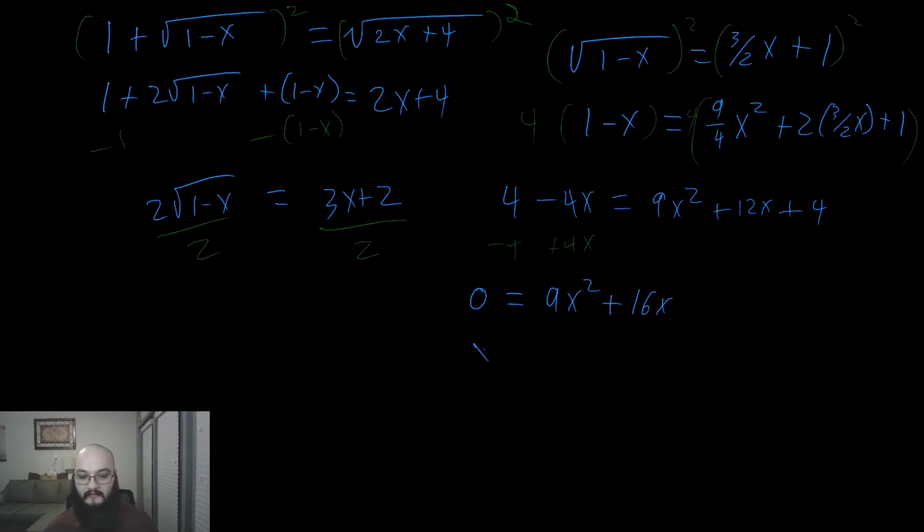We'll just have x is what we can factor out. 9x plus 16 is equal to 0. And then from here, that means that the two things that will make this true are if x equals 0, because 0 times anything will be 0, or if x is equal to negative 16 over 9.